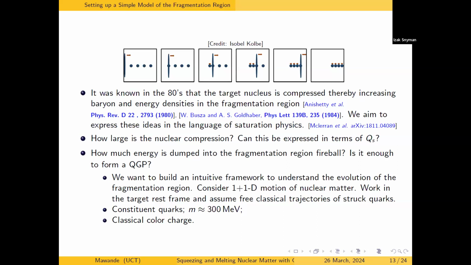The claim is that the net effect of all of those interactions is that you dress each quark in a cloud of quark antiquarks and gluons, giving them an effective rest mass of about a third of the proton. Okay.